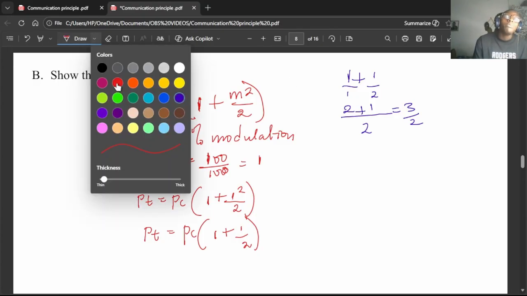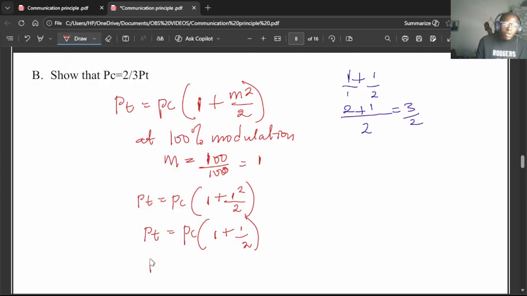What you do is input your 3 over 2 back into your equation. So you have PT equal to PC times 3 over 2. Are you done? No, you are not done. Your interest is to make PC stand alone. To do that, you divide both sides of your equation by 3 over 2.